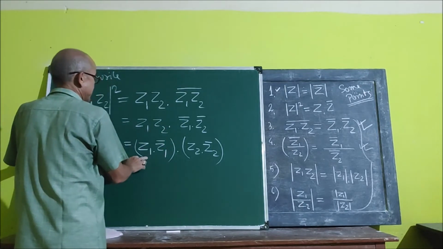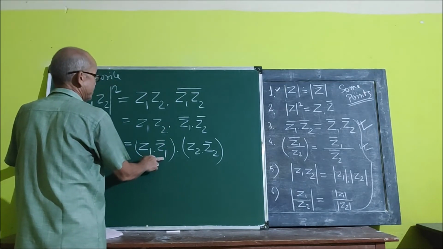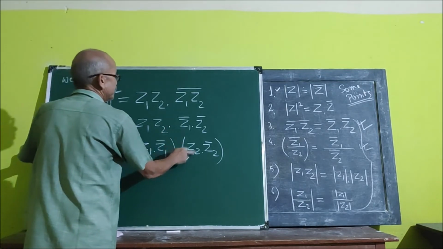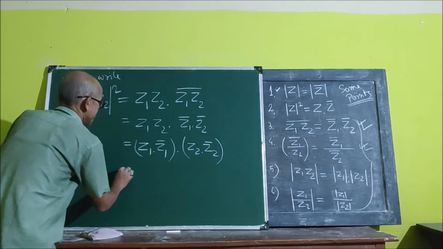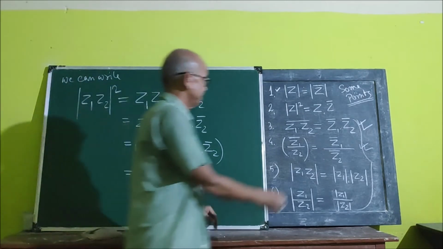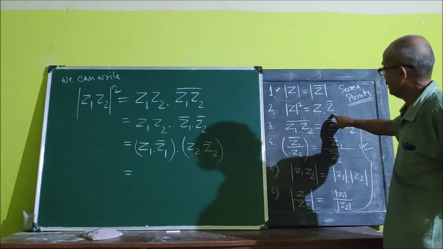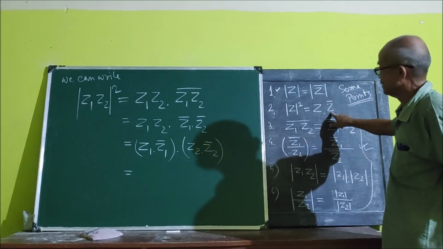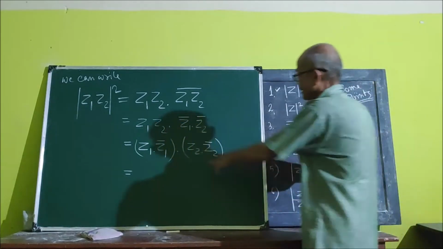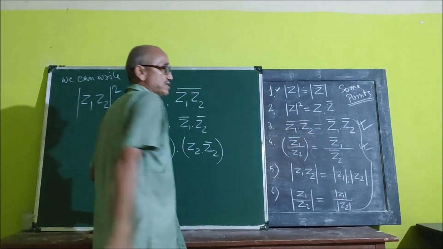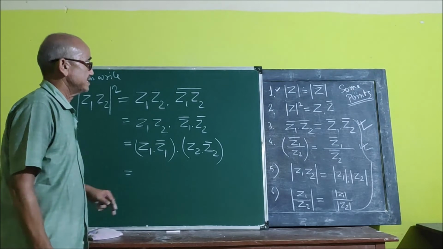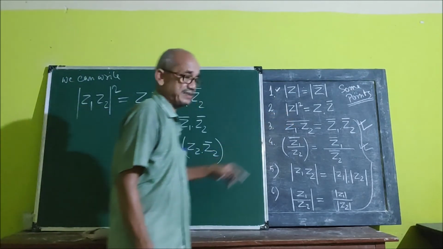Z1 with Z1 conjugate, and Z2 with Z2 conjugate, give the square of the modulus of the complex number.